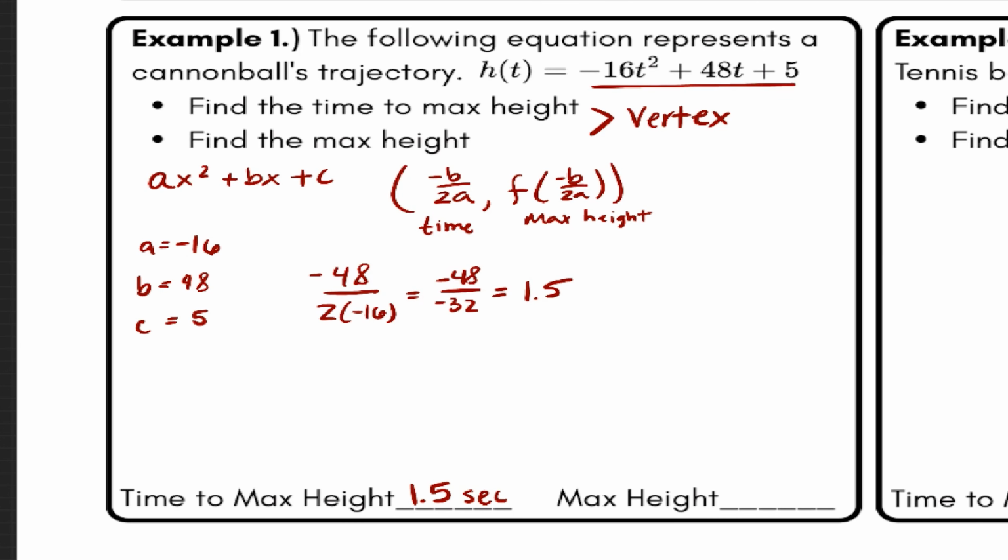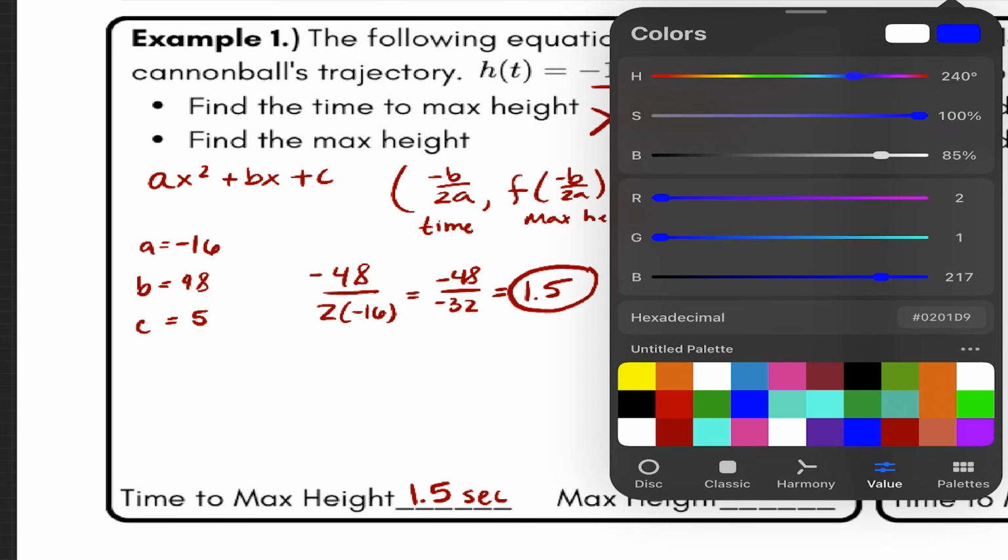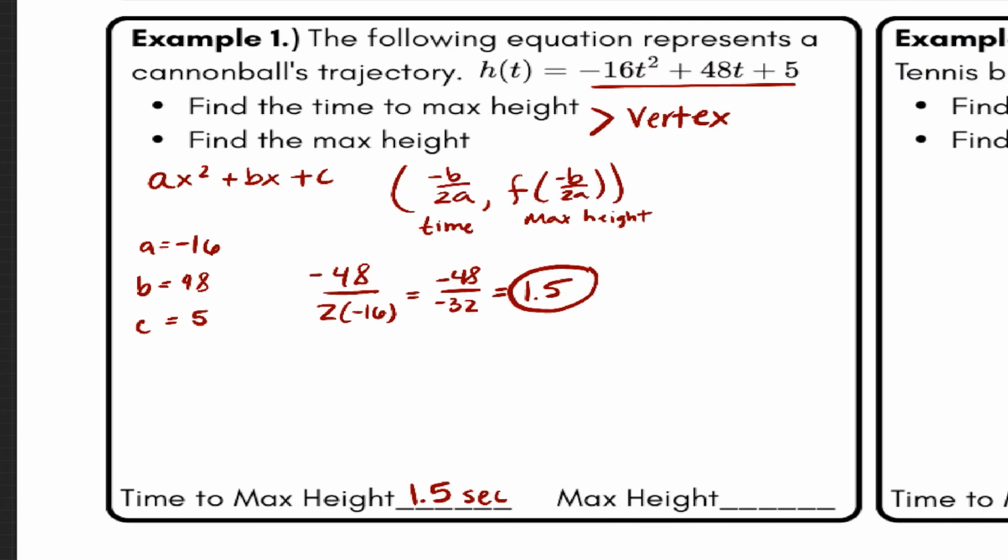Nice. Now that I know the maximum height will be reached at 1.5 seconds, I know what t is. That is my t value, 1.5. If I want to find the height at 1.5 seconds, I need to take that 1.5 and substitute it in everywhere I see a t.